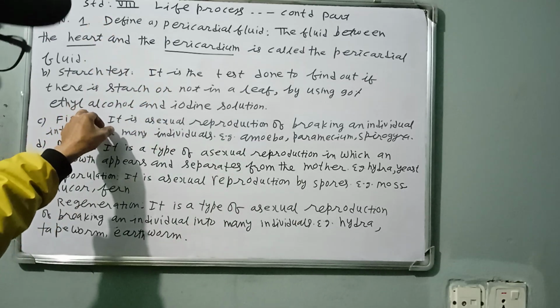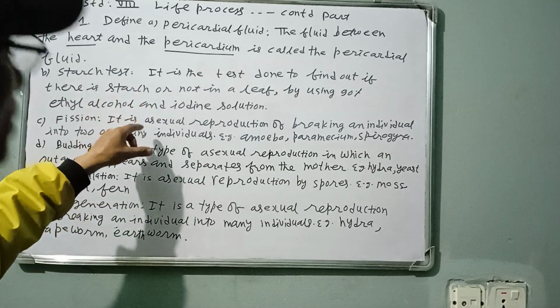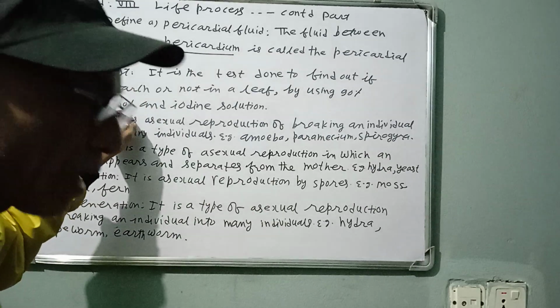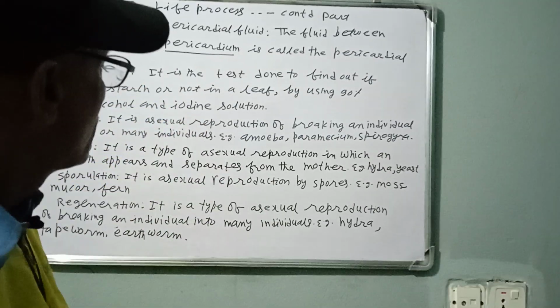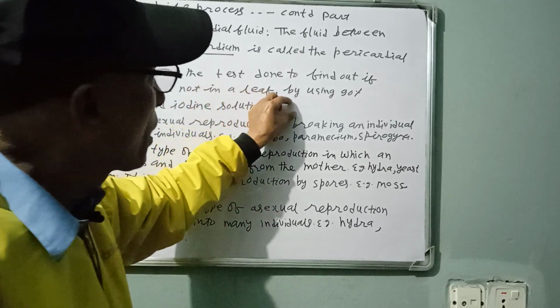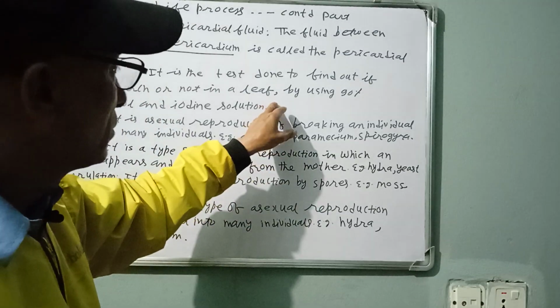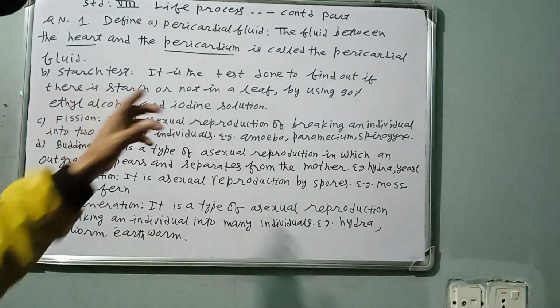Number one, you have to take a given specimen of leaf. You have to boil it, add ethyl alcohol, and after that add iodine solution. If the leaf turns black blue, it can make food, otherwise it cannot make food.